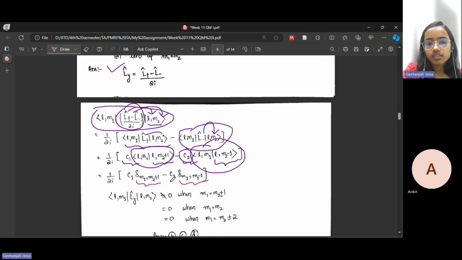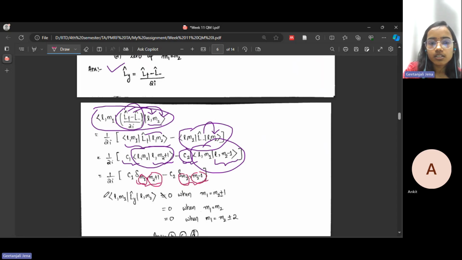The Kronecker delta will be non-zero whenever these two indices are the same. Whenever these two are the same, then this will be non-zero.